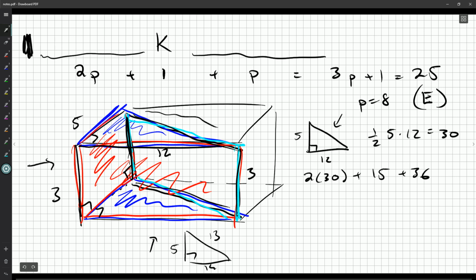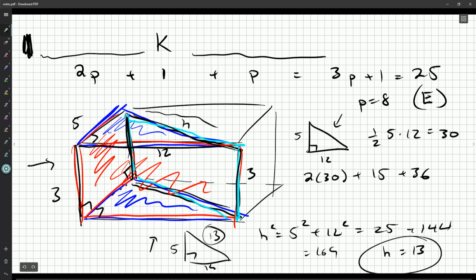Of course, if you don't know that, you could say, well, whatever this is, maybe call it h squared is 5 squared plus 12 squared, 25 plus 144, 169. You square root, you'll find that h is 13. So you might recognize that if you know your Pythagorean triples, or you can just work it out with the Pythagorean theorem. So then we add a 3 by 13 rectangle. So 3 by 13 gives an area of 39.